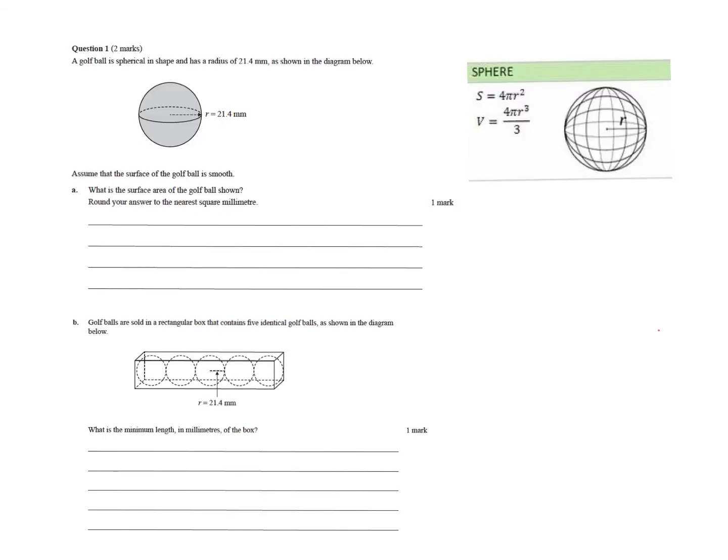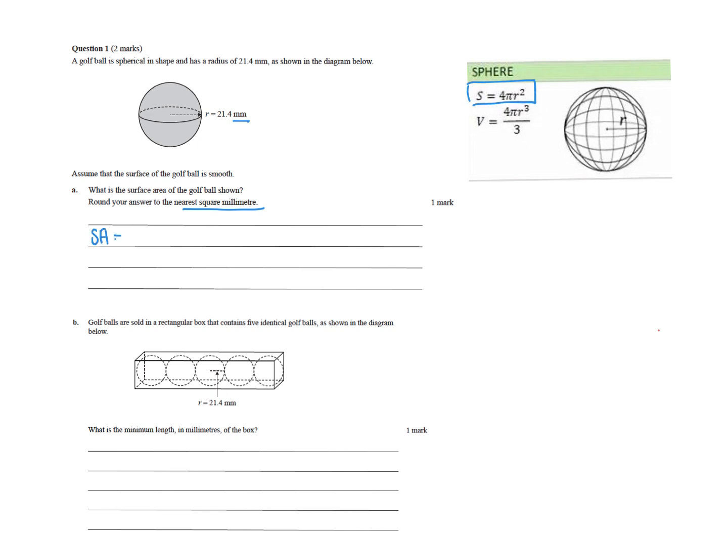Okay, a golf ball is spherical in shape and has a radius of 21.4 as shown in the diagram. Assume the surface of the golf ball is smooth. What is the surface area of the golf ball shown, correct to the nearest millimeter? So they've given you the measurement in millimeters, so that means to the nearest whole number in this case. So we want surface area. I've gone to my formula sheet and found it.